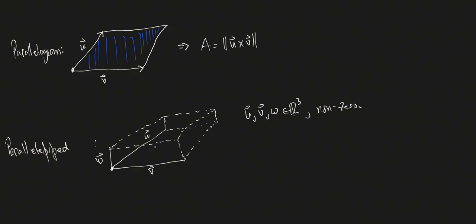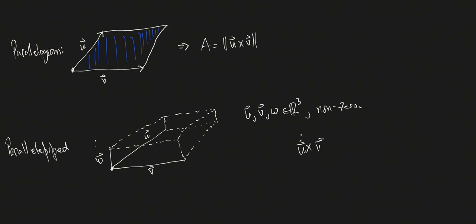The area of the base, if I were to compute it in vector form, would be this: I would just have to take u cross v and then take the magnitude. But here's the problem. So let me write down u cross v, and let's think about this for a second. When I do u cross v, I get a vector.